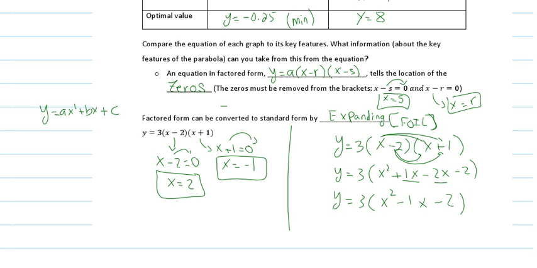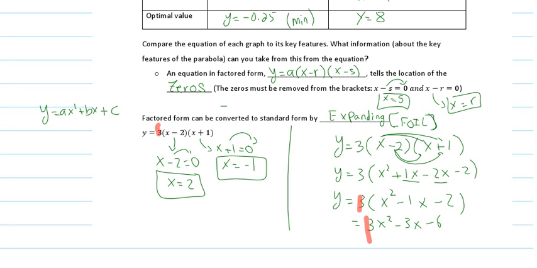So it's going to be 3x squared minus 3x minus 6. So I converted from factored form to standard form. Do you notice that the a value is still the same? Right? The a value is still the same.